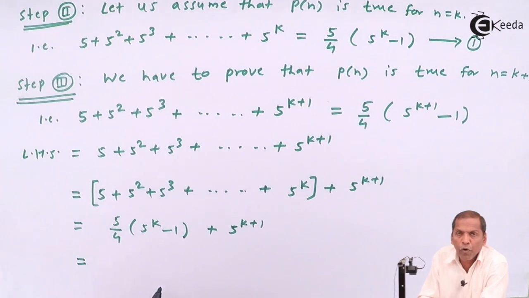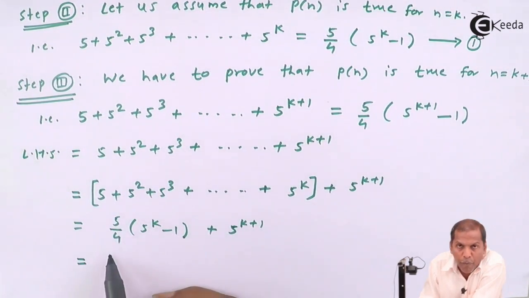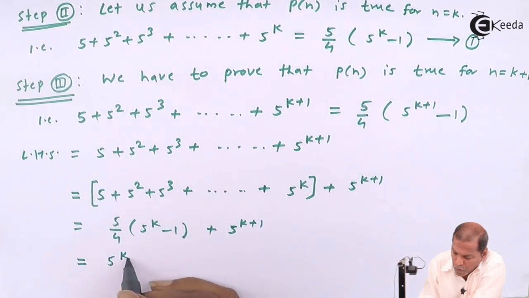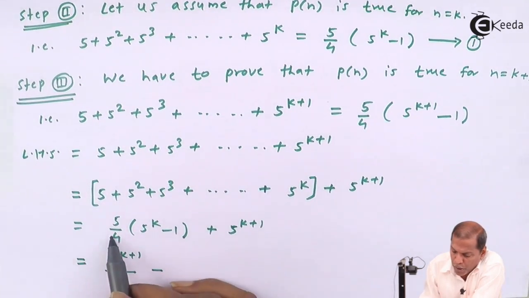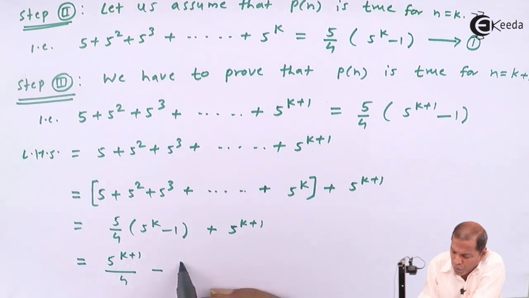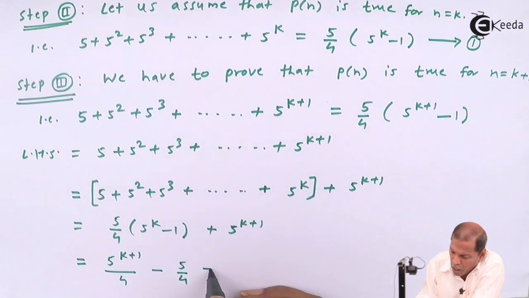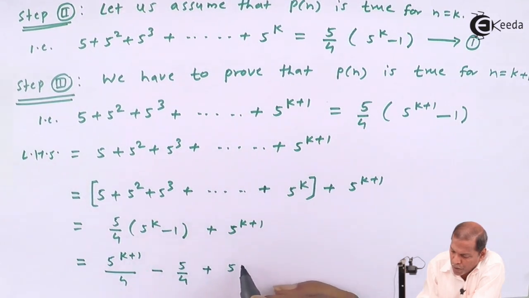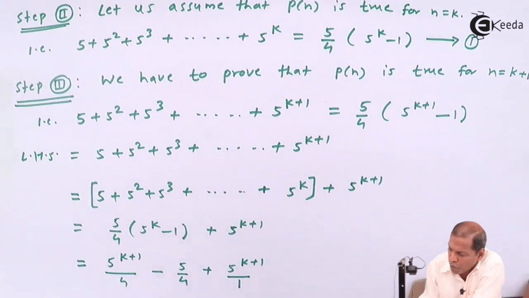Now if you open the brackets, we have 5/4 into 5^k, so that gives us 5^(k+1)/4, then minus 5/4 into 1, so that is 5/4, and then again we have plus 5^(k+1)/1.